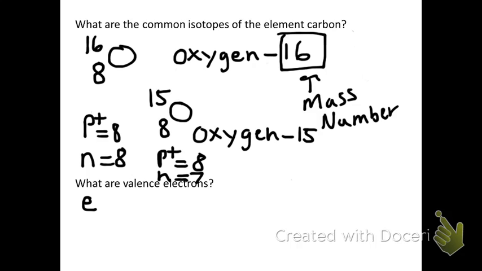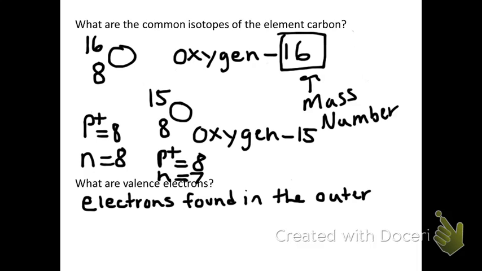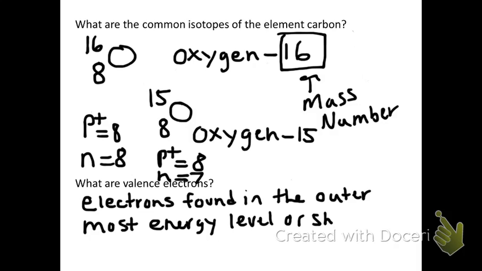So electrons found in the outermost energy level or shell of an atom. Alright, so that's the definition of valence electrons. Make sure you know it.